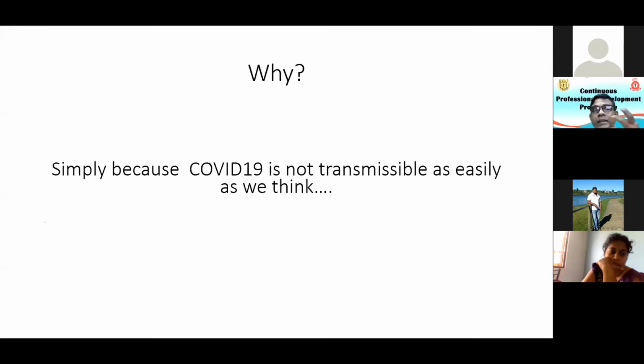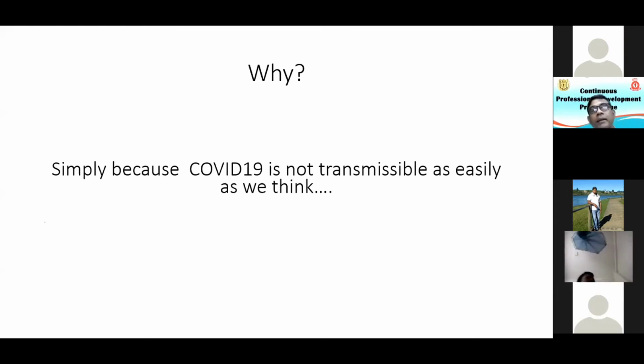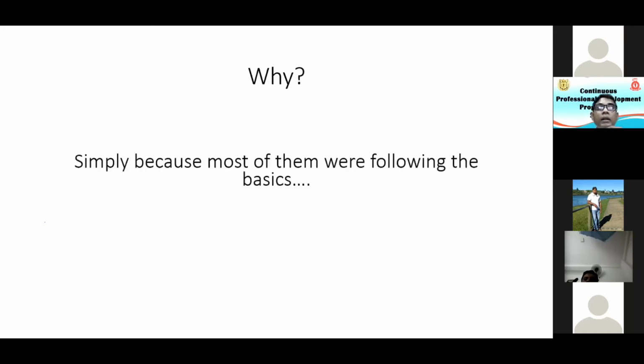So they are not concerned about covering nose and mouth, but they are thinking of covering everything up with the coverall and wraparound gowns. Simply, these people who didn't get the disease were following the very basic steps of infection prevention.